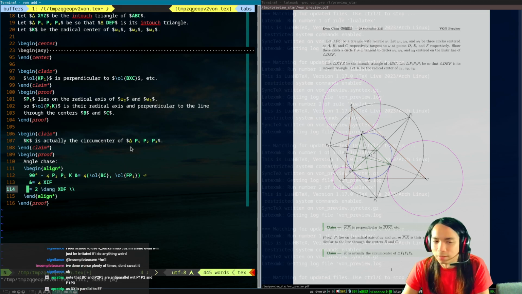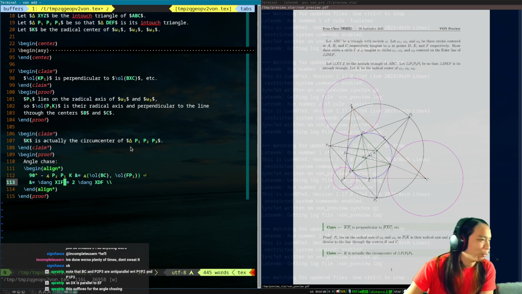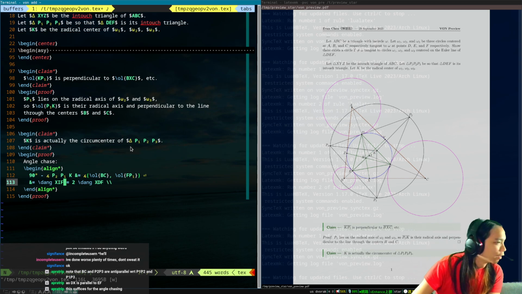So this is like 90 degrees. Okay, we'll use the anti-parallel. That seems better.